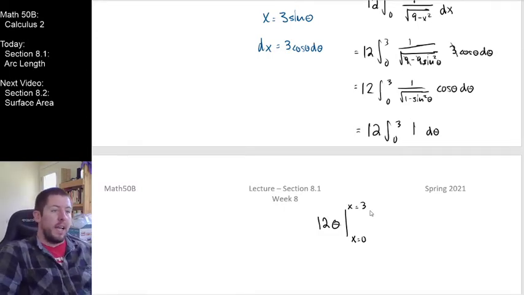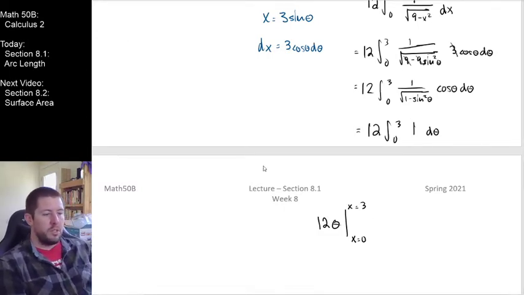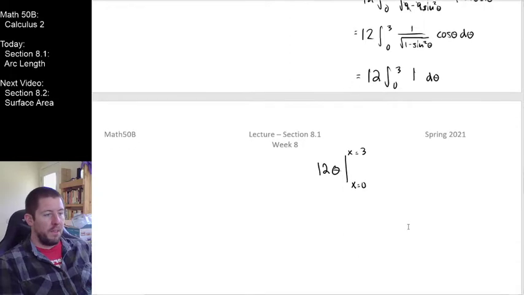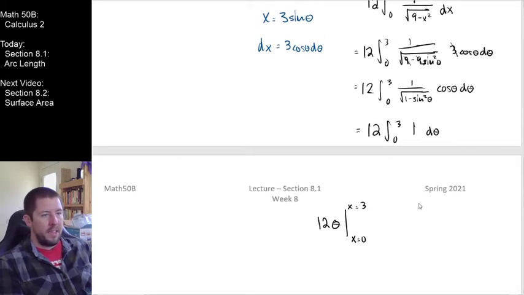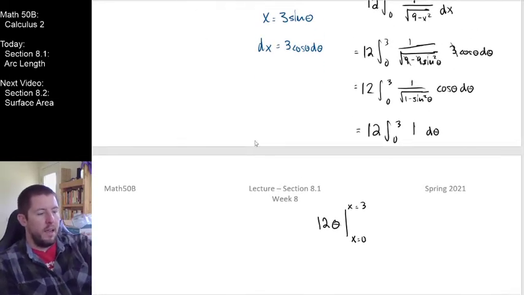And so it does look like now we can either choose to swap out theta back in terms of x, or we could solve our x bounds for theta. Either way is fine. I'm going to say here that x over 3 is sine theta. I just want what theta is.